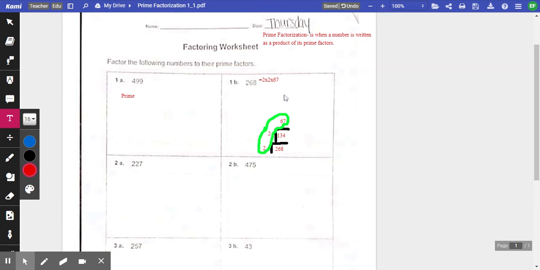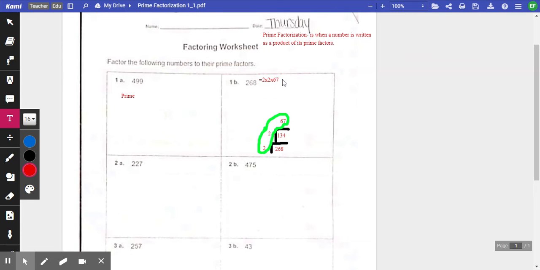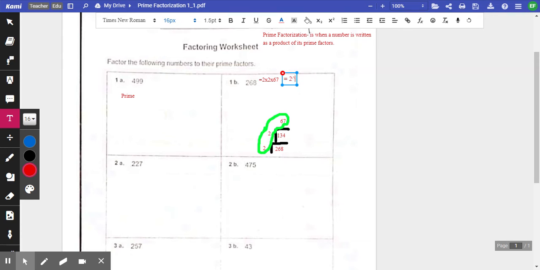So we can say that 2 times 2 times 67 is actually equal to 2 to the second power. And remember, we get this arrow up by hitting shift 6. 2 to the second power times 67.